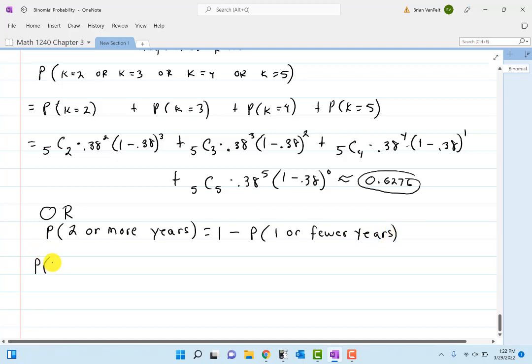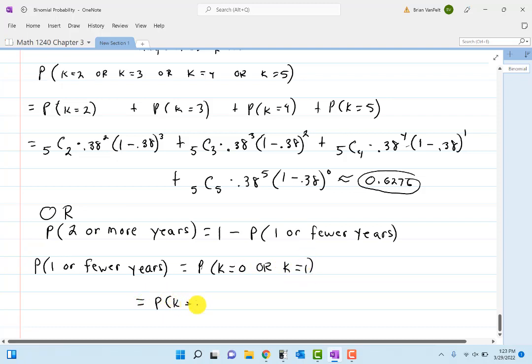That probability, the probability of 1 or fewer years, equals the probability of k equals 0 or k equals 1.